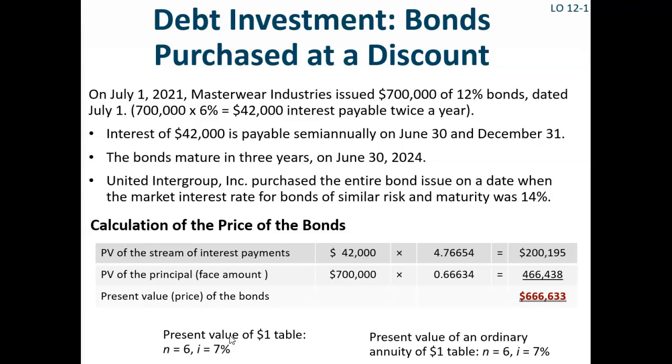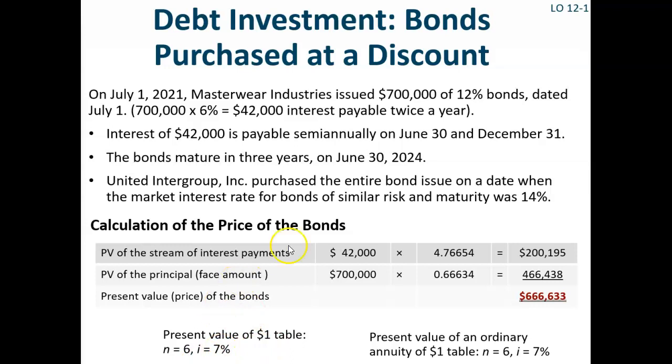As I said, always, when you're calculating the issue price of the bond and you're looking at those present value tables, always use the market rate of interest. So the number of payments, n equals 6. Semi-annual market rate of interest is 7%, so i equals 7%.